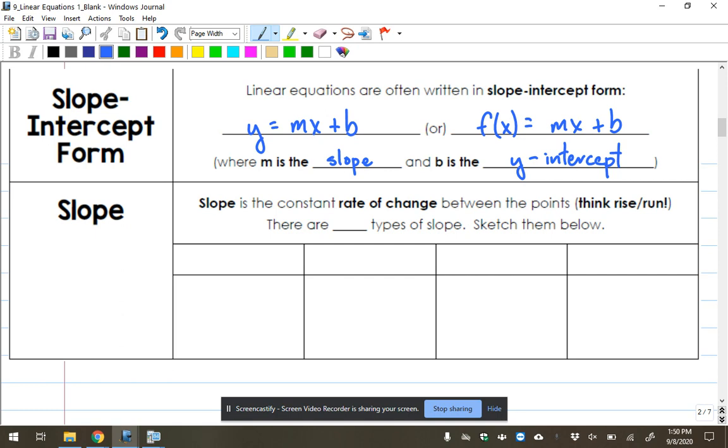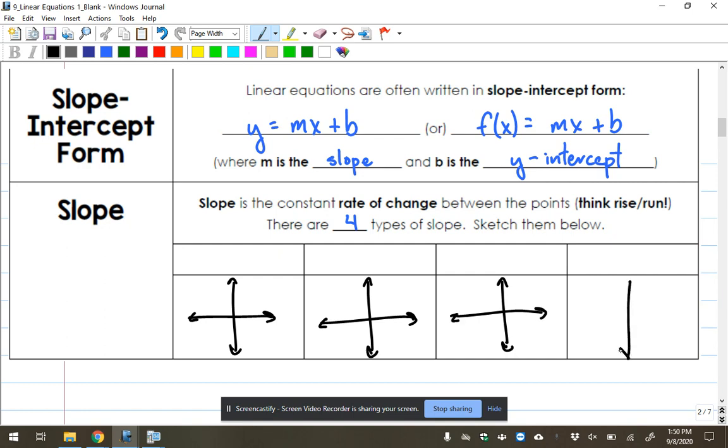And there are four types of slope. All right. The first type, I'm going to draw a little coordinate plane here. I'm going to draw it in every box. Just a coordinate plane. You don't have to put any marks on it or anything like that.